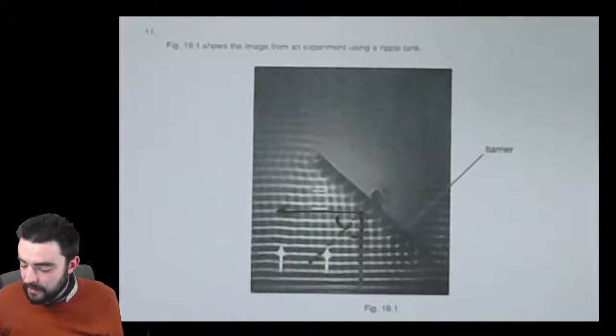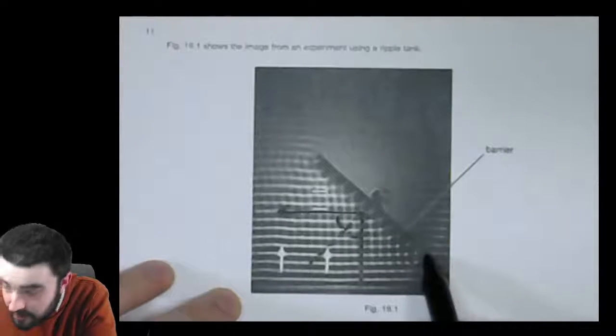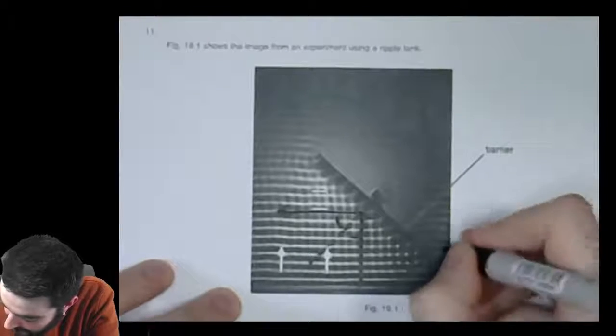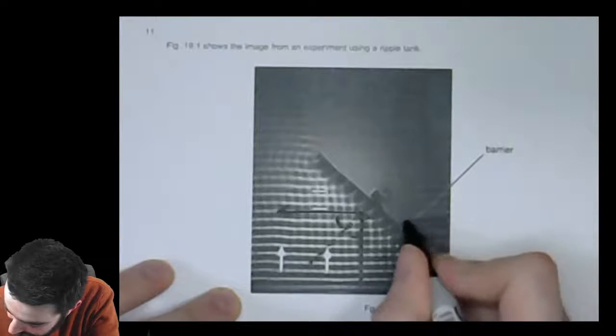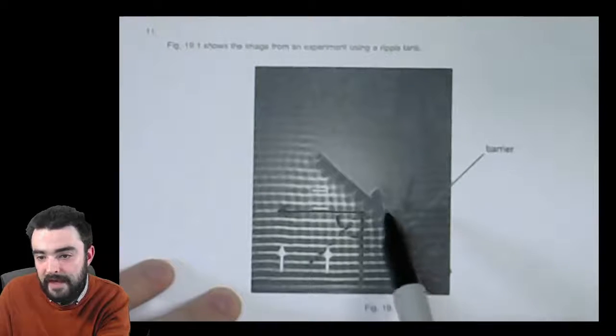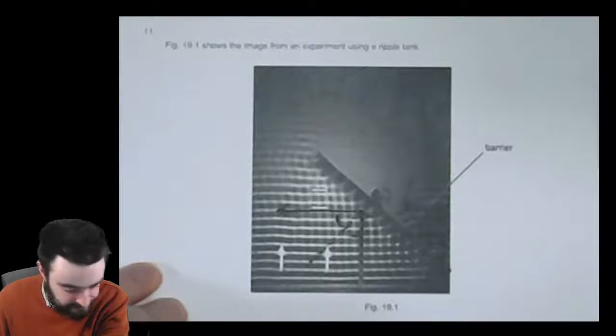And we can see some other things. It's quite faint on here, but we have waves that are coming up to this point, but there are still waves over here. So how are there waves there? Well, the waves that are reaching here are diffracting, so diffraction can be seen.